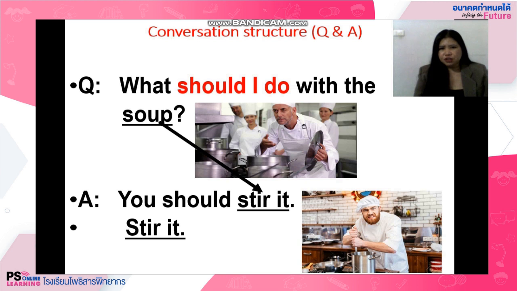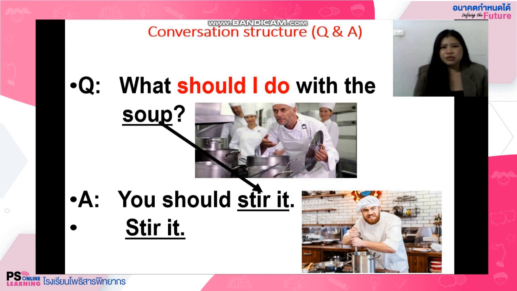I'll give you time to copy. Copy the conversation structure. What should I do with the, and then underline the thing or the food. And then for the answer, you should, and then the action word, plus the it or them if it is plural. But if you don't want to use them, no problem.